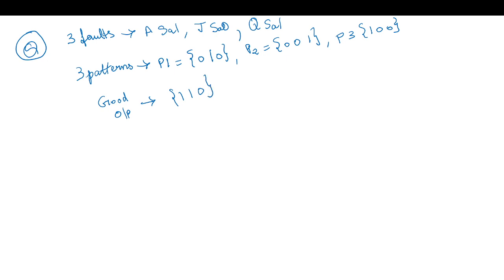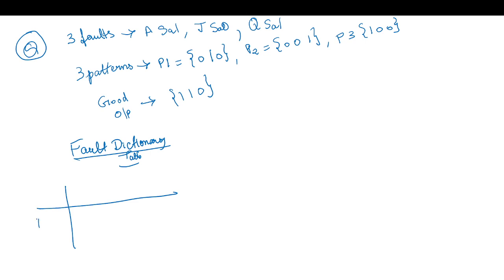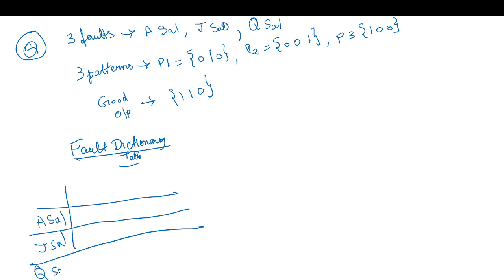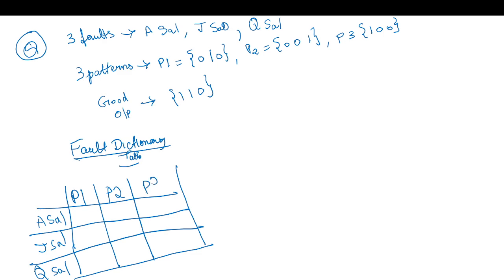So let's fill the fault dictionary table. The faults are A stuck at 1, J stuck at 1, and Q stuck at 1, with pattern 1, pattern 2, pattern 3.